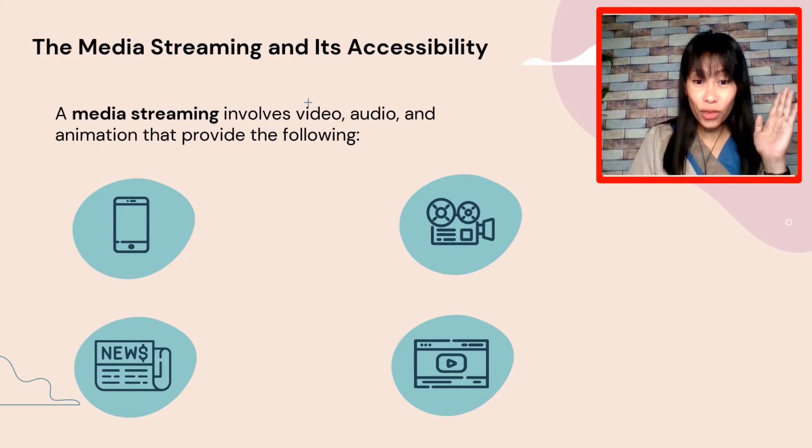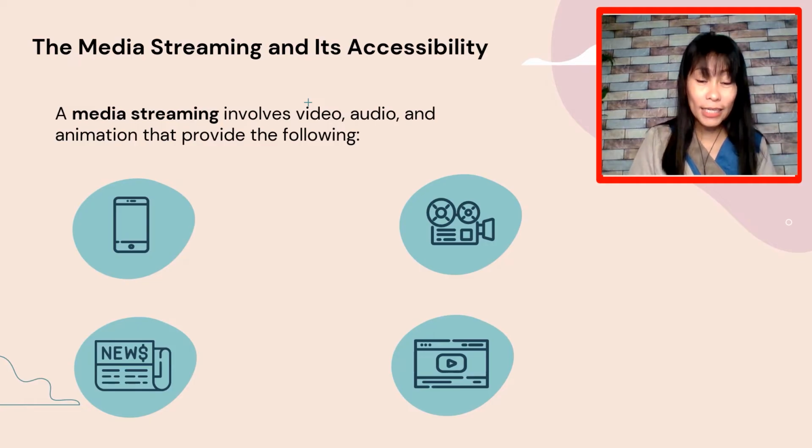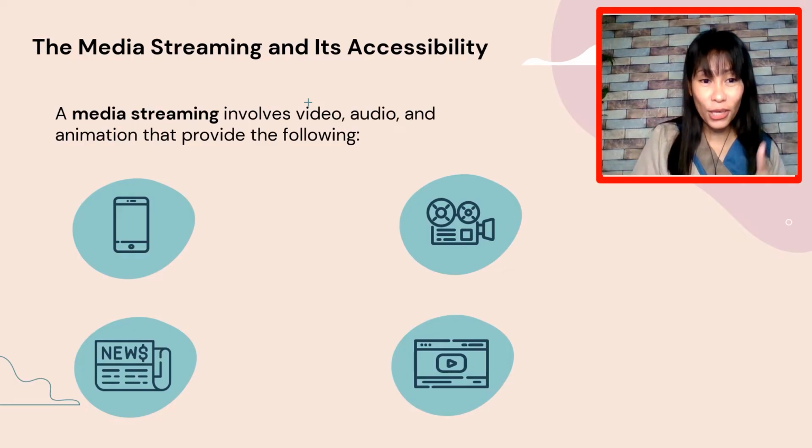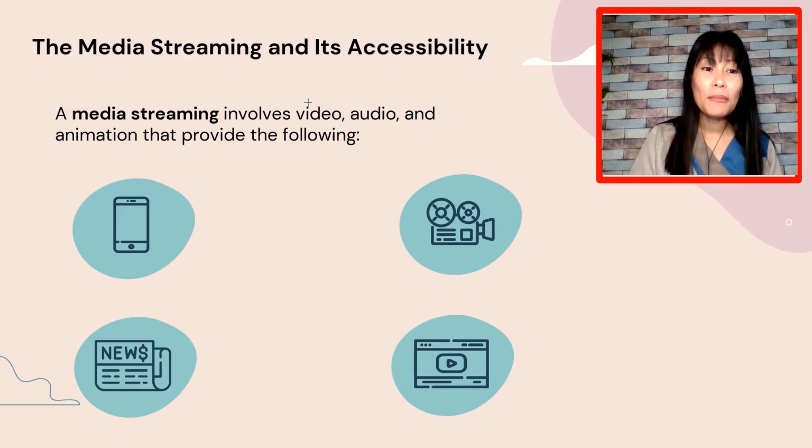And audio. So aside from something that you can see, there is also something that you can hear. Okay, that's streaming. And also animation. So there are effects, something like that, on something that you are watching. So aside from video and audio, there is also animation.